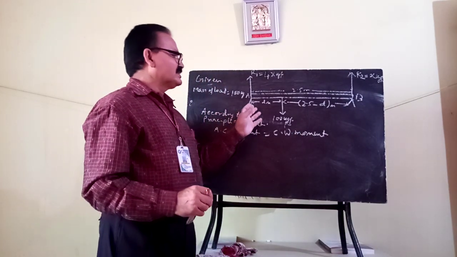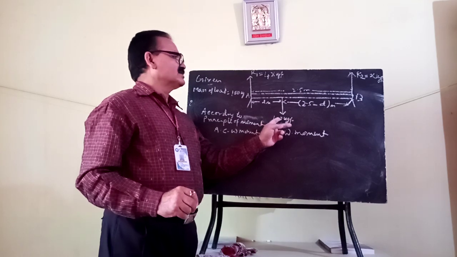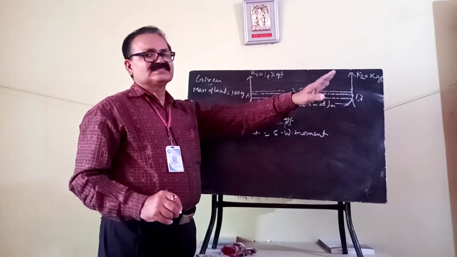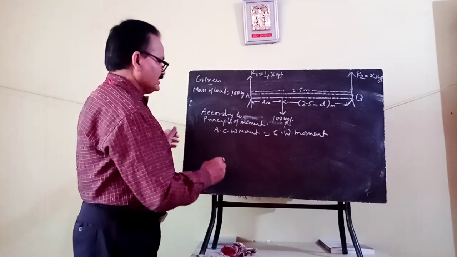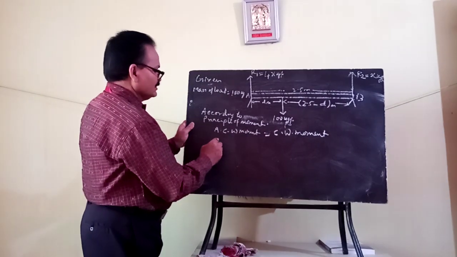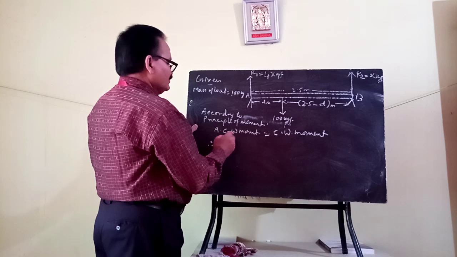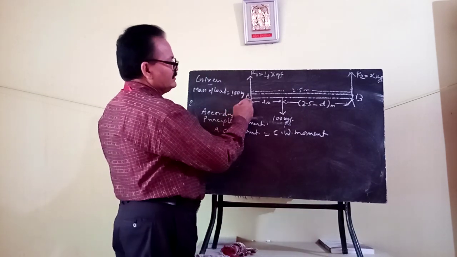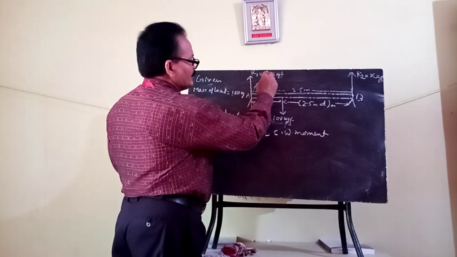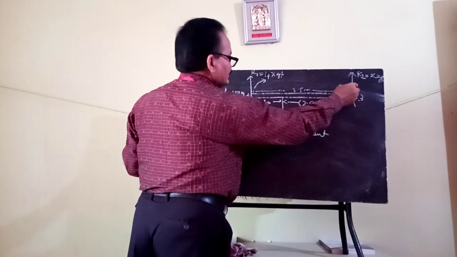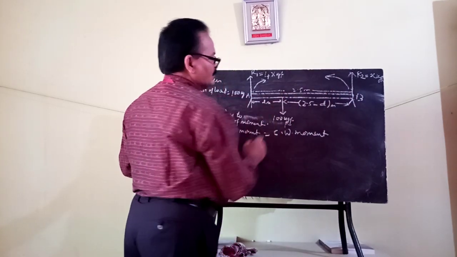Here equilibrium is in the sense that after hanging the load, this pole must be horizontal. Therefore, about that load, A applies a clockwise moment and B applies an anti-clockwise moment.